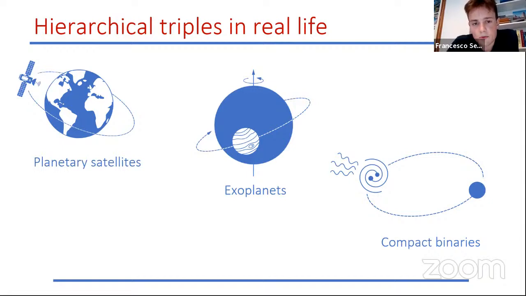Then leaving the solar system, we can find other such systems in exoplanets that orbit close to their star, but which often are observed to have an orbit in the opposite direction to the spinning motion of the star. And this is quite unnatural unless there is some mechanism that flips the orbit of the planet in such a way as to make it retrograde.